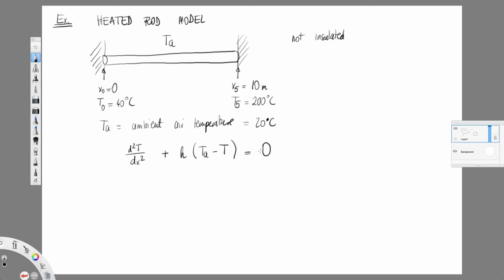So this is my governing differential equation. This coefficient is a material property that tells me how the exchange between the rod material and the ambient air happens. I'm going to call h the heat transfer coefficient.